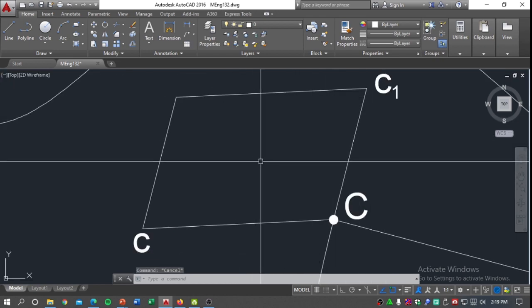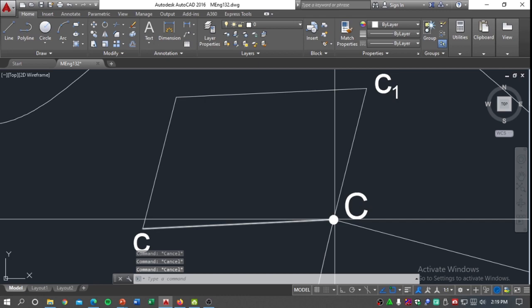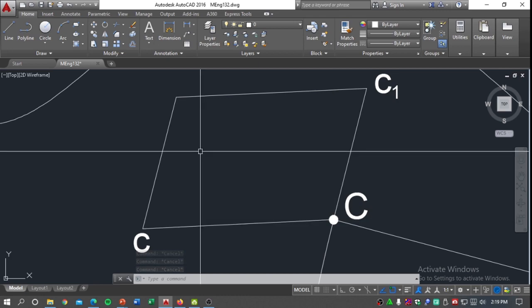So what we're going to do next, since these are all components, we have to connect this diagonal.